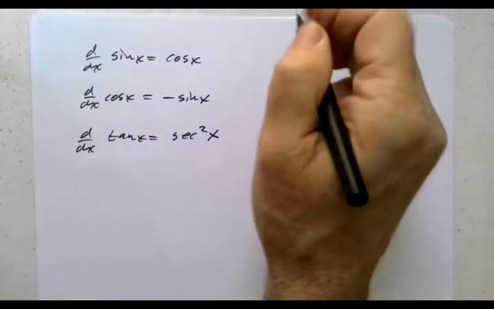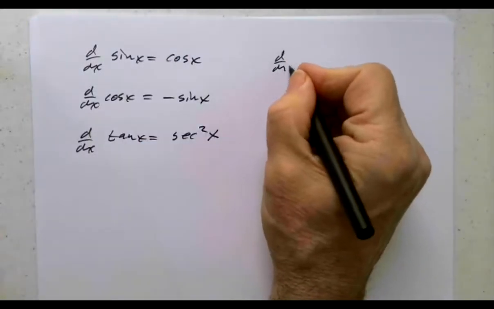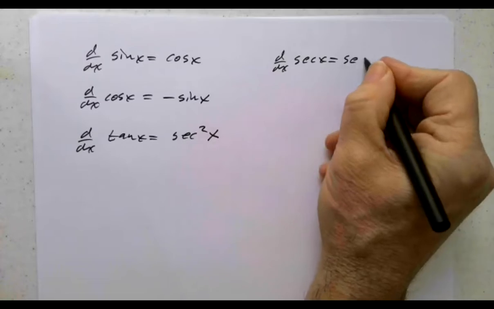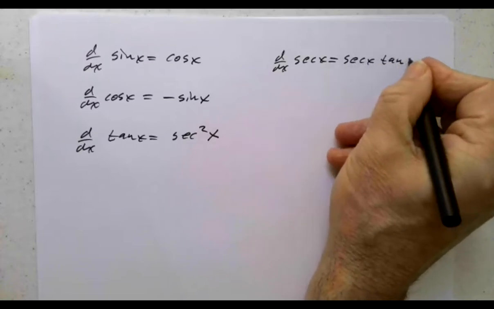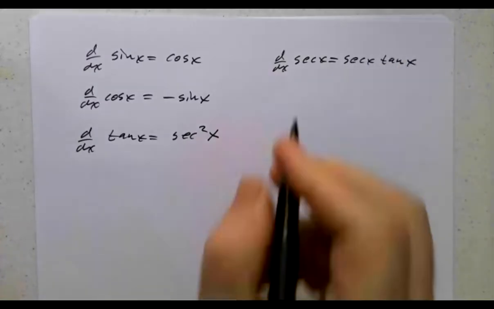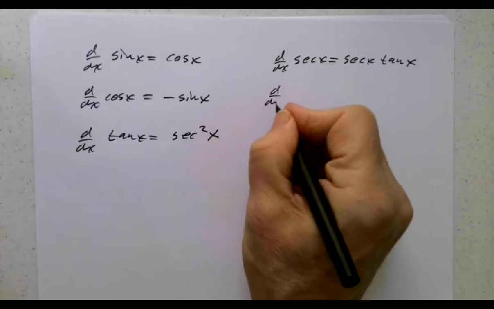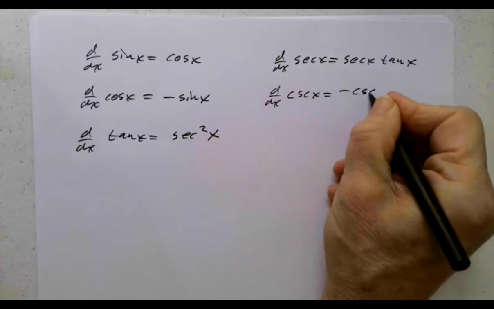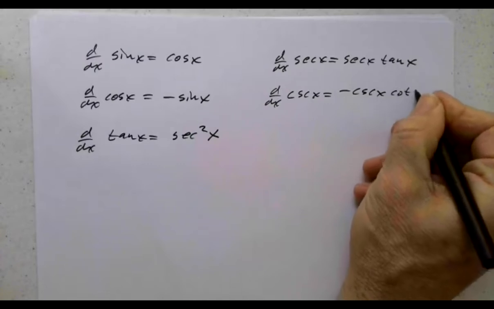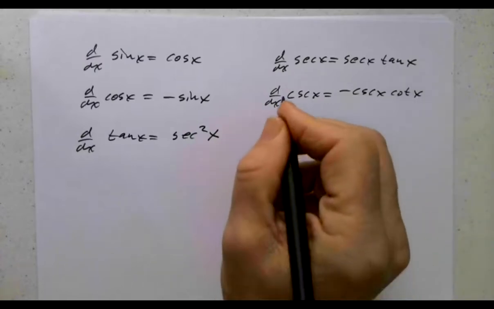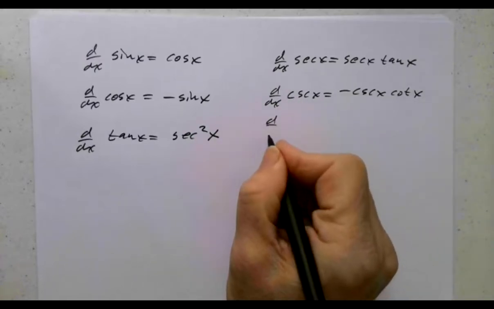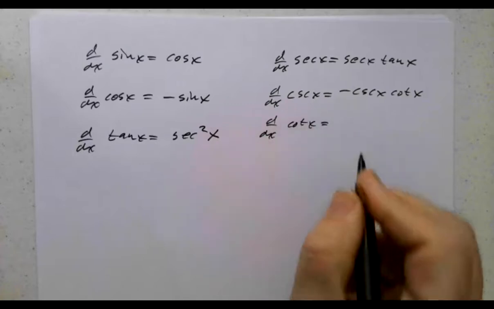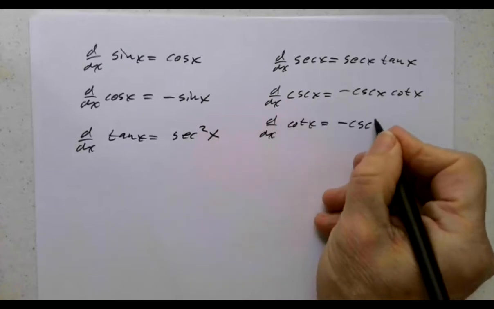Then we went to the derivative of secant, which is secant tangent. The derivative of cosecant is minus cosecant cotangent. And then the derivative of cotangent is minus cosecant squared x.